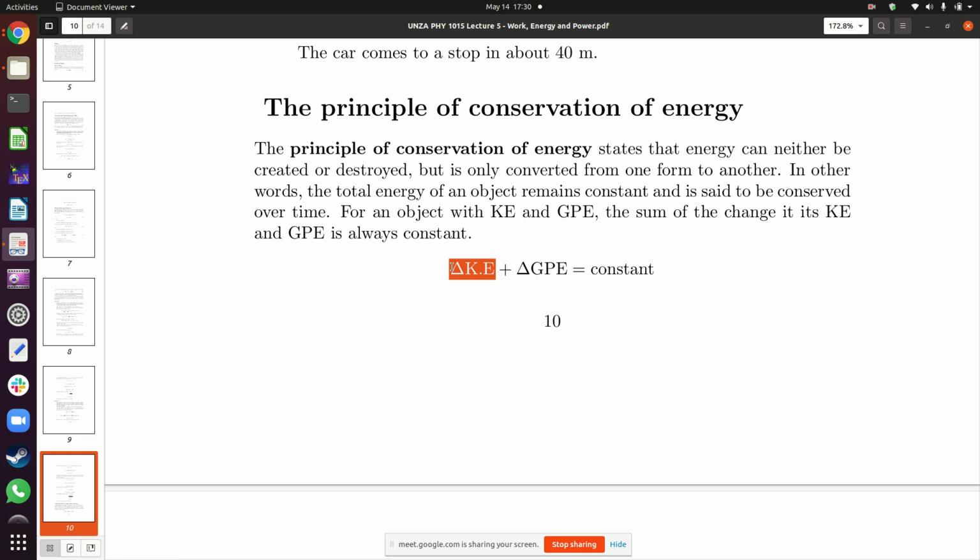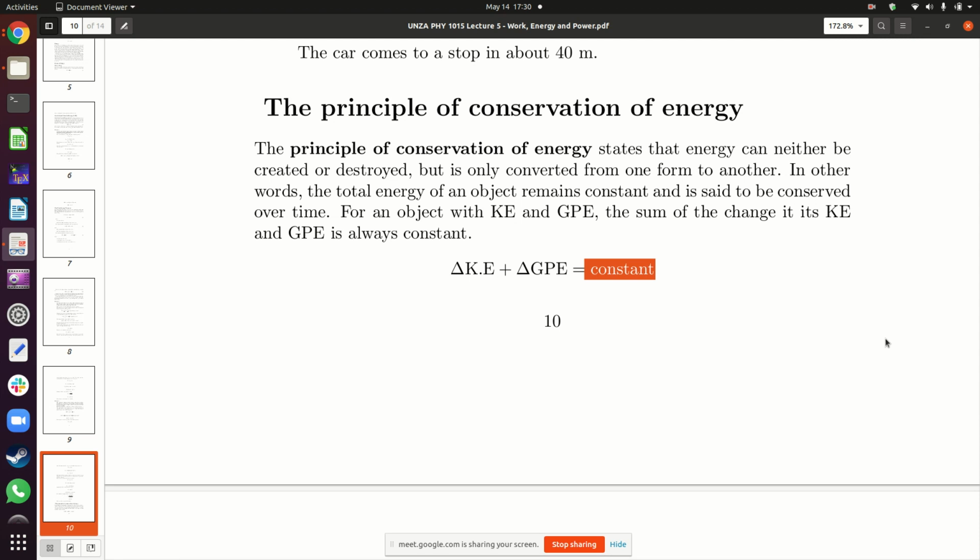Either you are gaining kinetic energy, but as you are gaining kinetic energy, you are losing gravitational potential energy, so that when you add them, at the end of the day, what you end up with is 0. Or you are losing kinetic energy, but you are gaining gravitational potential energy, so that at the end of the day, we end up with a 0. So that's what the principle of conservation of energy says.